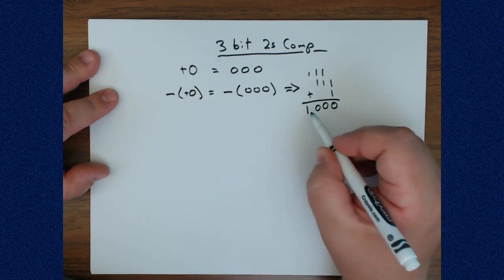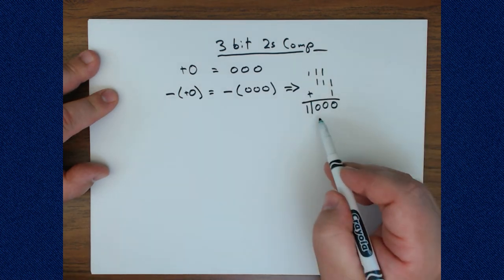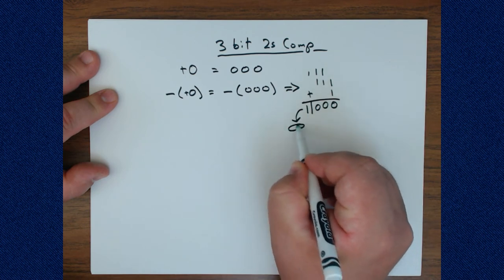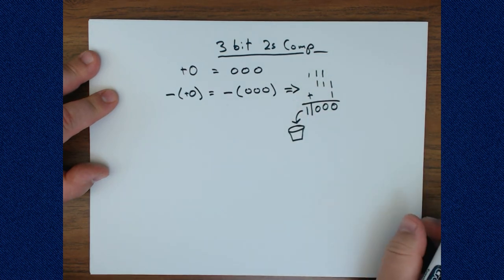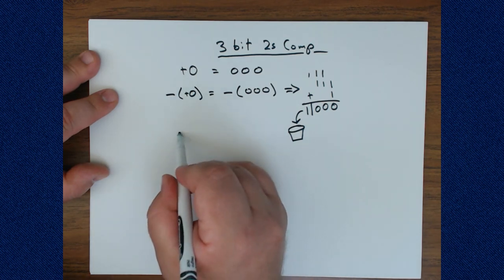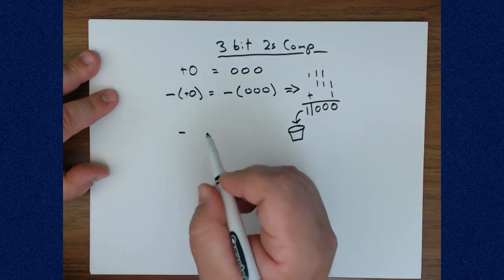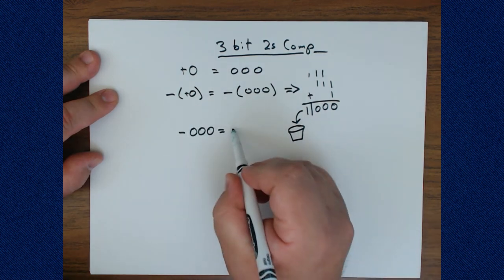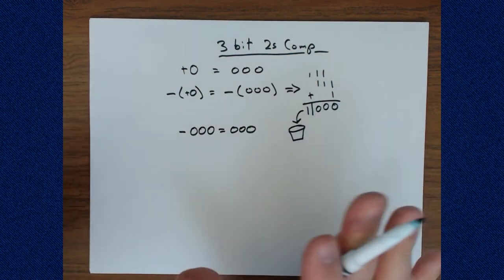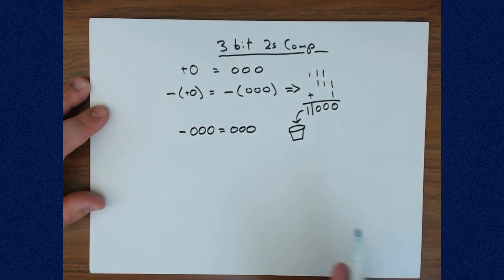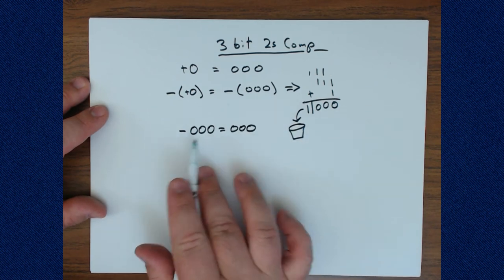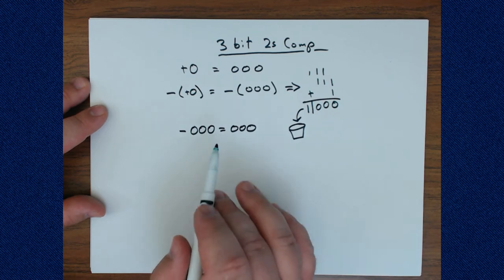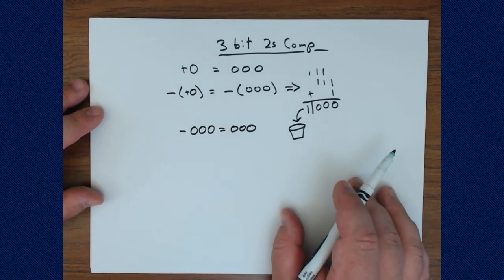But in our 3-bit representation, we're going to truncate our answer to only the bottom 3 bits. So the 1 goes off to the bit bucket, which means that the negative of 0, 0, 0 is equal to 0, 0, 0. Very mysterious. Now this is not to say that 0, 0, 0 here is negative, but if we apply the negation operator to that bit pattern, we actually end up with the same bit pattern.